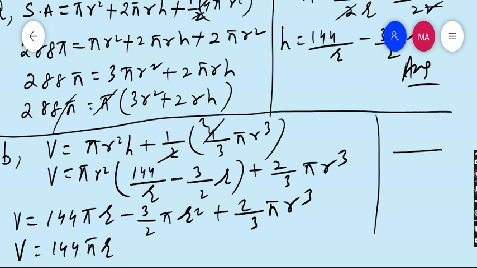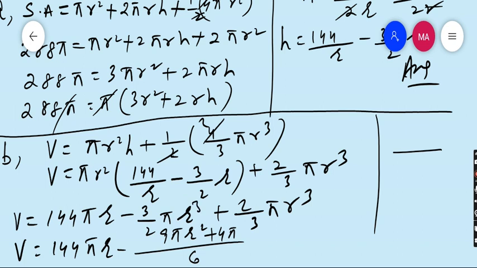Taking the LCM of 2 and 3 is 6. So 2 3s are 6, 3 3s are 9πr² plus 3 to the 6, 2 to the 4πr. πr² into 3 upon 2, it should be πr³.